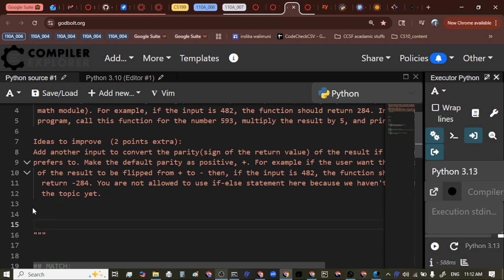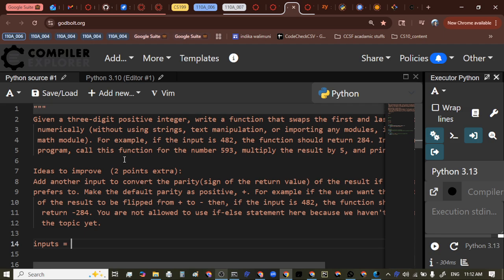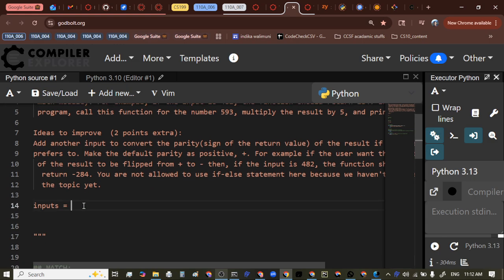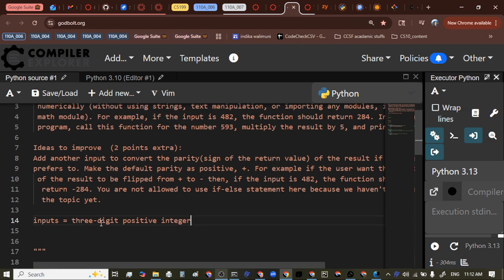So what are the inputs? Anything else? Oh, that's it. Only this, right? And then what is the vocabulary identifying the input?